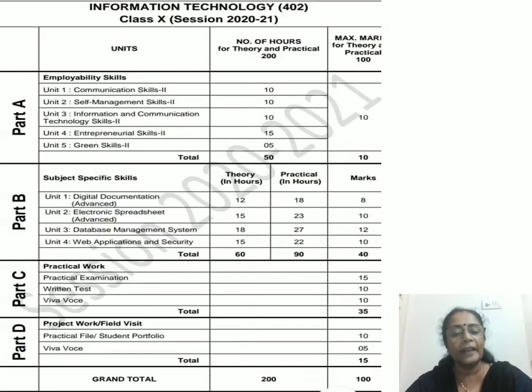So your practical exam of 35 marks and your project file of 15 marks make up the internal marks of 50. The written exam of 50 and the internal 50 together make the 100 marks that you will be required to score for IT 402.